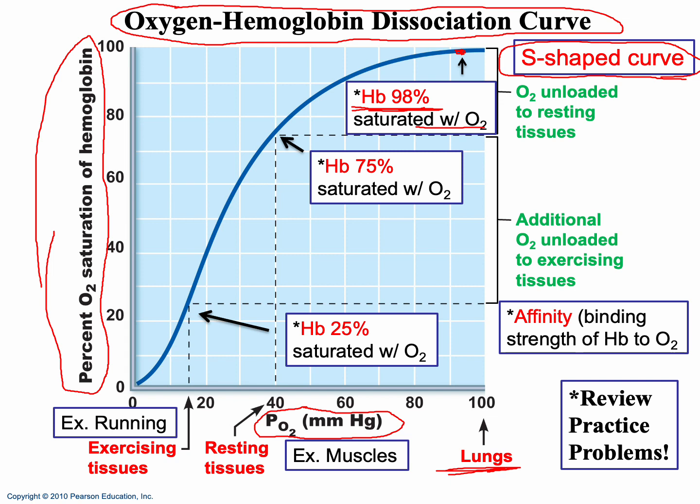However, that percentage will change. When you get to this point on the graph, we're at a saturation of 75%, hemoglobin with oxygen. This would be the level at resting tissues, as you do need some oxygen to go to resting tissues throughout the body, such as the muscles.